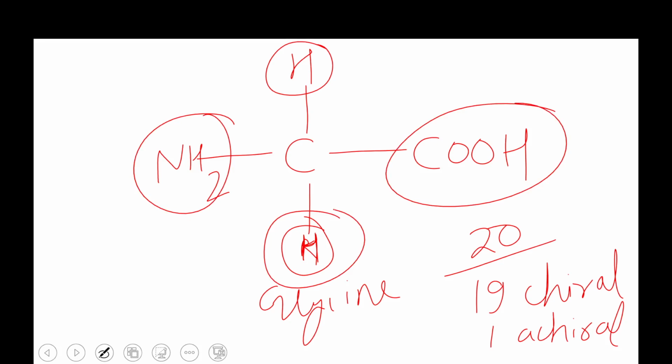In glycine, two hydrogens are attached, so it becomes achiral.